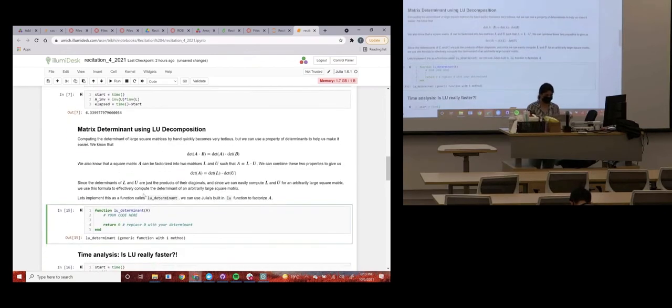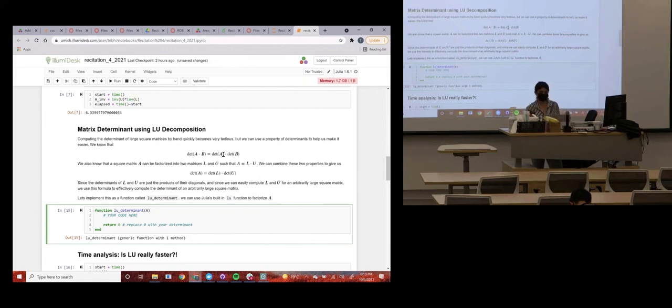Similarly, we can write down our own determinant of LU function, but like we talked about with Eva, the determinant of A times B, the order doesn't matter at this point because these are scalars, right?